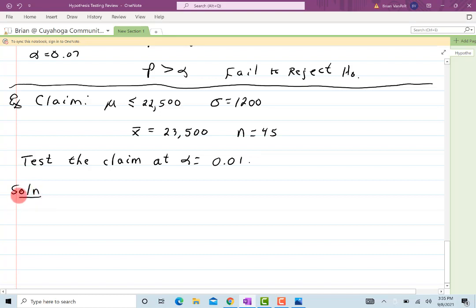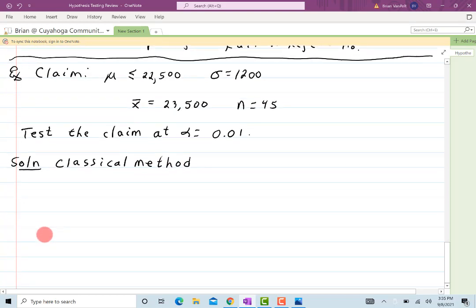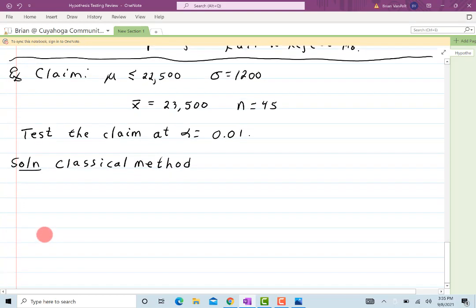All right, so first, once again, I'll do the classical method. Before I calculate the test stat, let me write the hypotheses down.